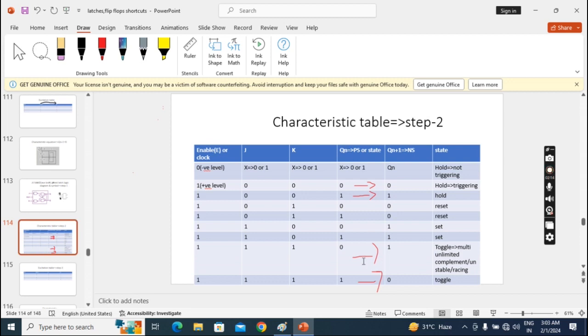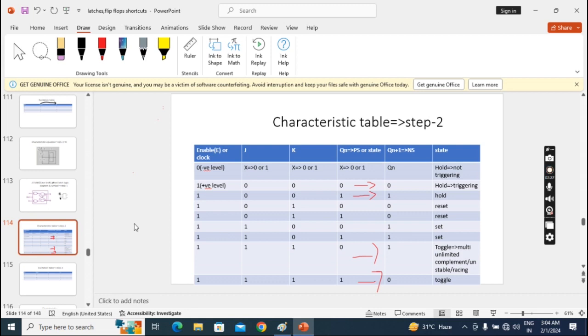That's why JK came. But in the JK, we made it useful, but we are not getting a stable output. That is the drawback. So the JK advantage is avoiding the invalid condition of SR, and the JK drawback is getting unstable or racing output.